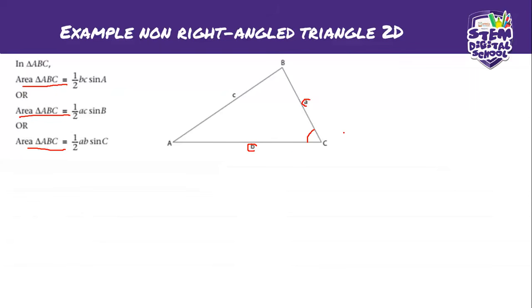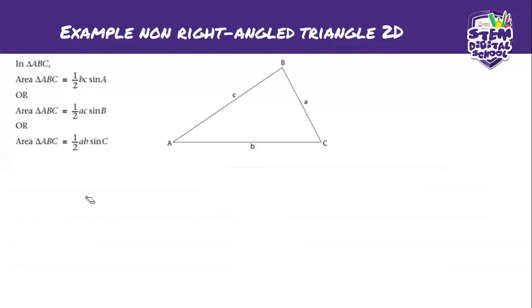Now you can see you'll be having two sides, so this side a, this side b, together with this angle. And this angle is between these two given sides. Then that's where we're going to be able to calculate the area. I hope you can see that.